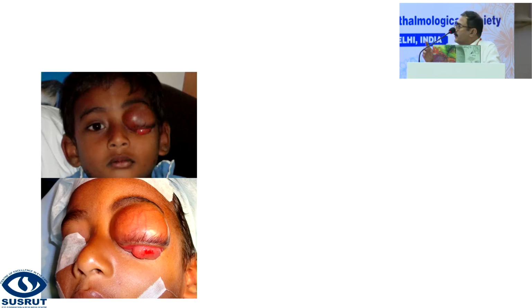So this is a 4-year-old boy presenting with a rapidly growing swelling in the upper lid with some amount of tissue prolapse, and the temperature is raised, there is erythema, but if you look at this close up, you will see that there are dilated blood vessels over the surface. This is not what you see in a typical orbital cellulitis. Again, in orbital cellulitis, it's very difficult to open the lids. The lids become very tight because of the edema. Here, the lids are not able to open because of the mass effect.